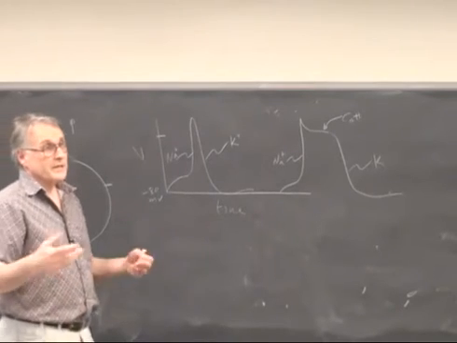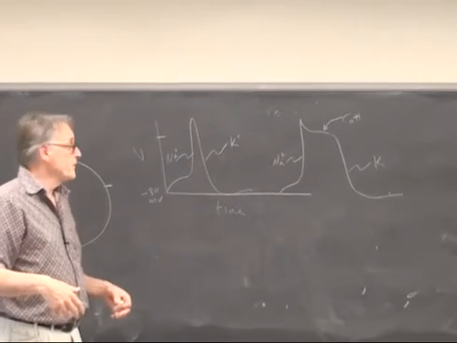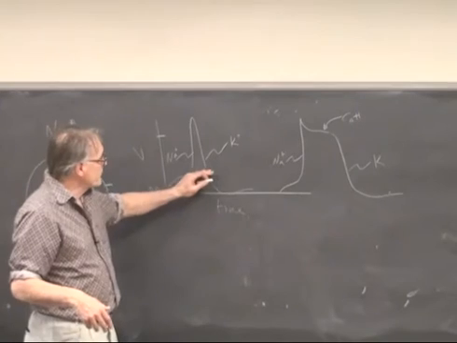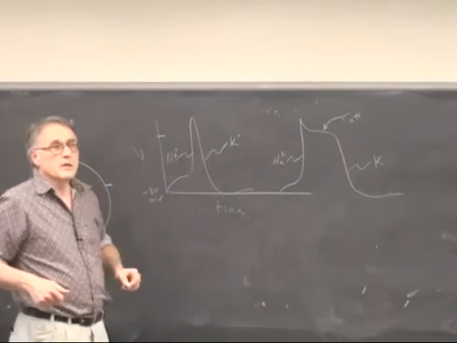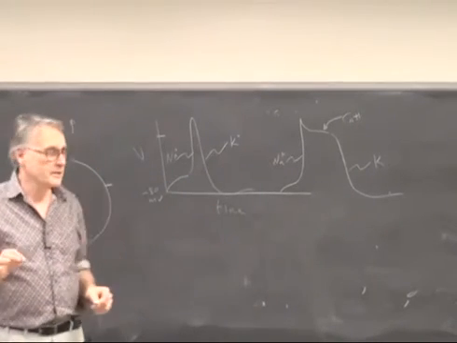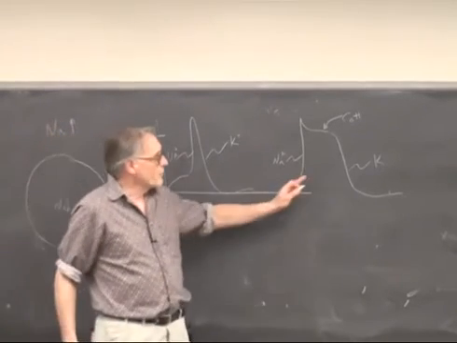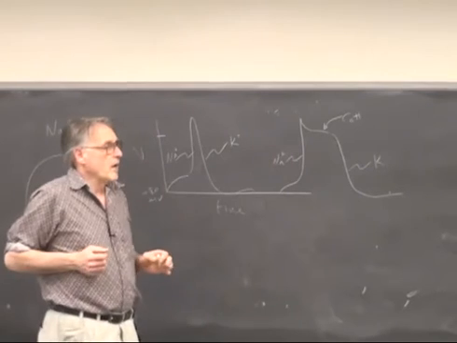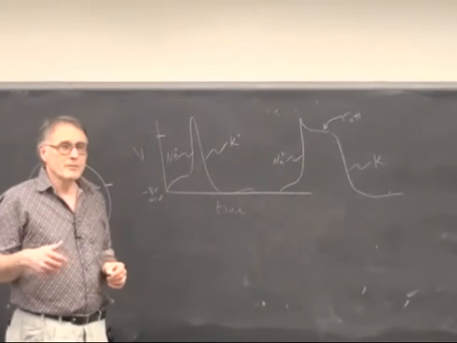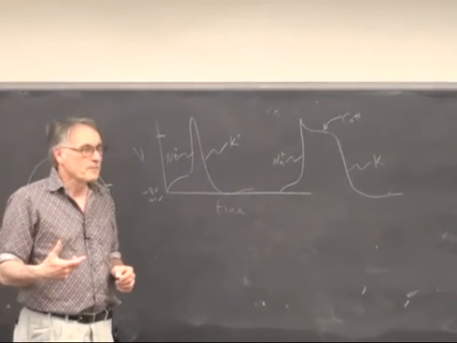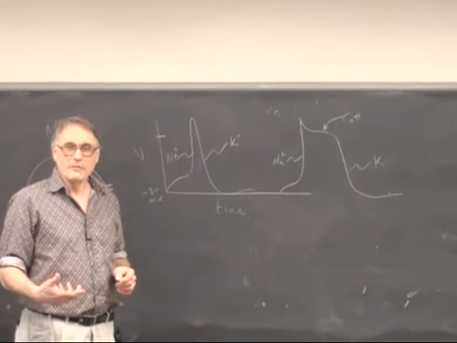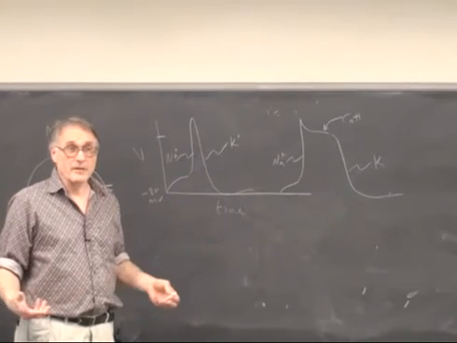Hodgkin and Huxley in 1952 or 53 came up with a set of differential equations to model nerve action potentials. Those have been generalized to a variety of action potentials, and they generalize rather well because they're so flexible. I mean, if you add parameters, you can fit anything.